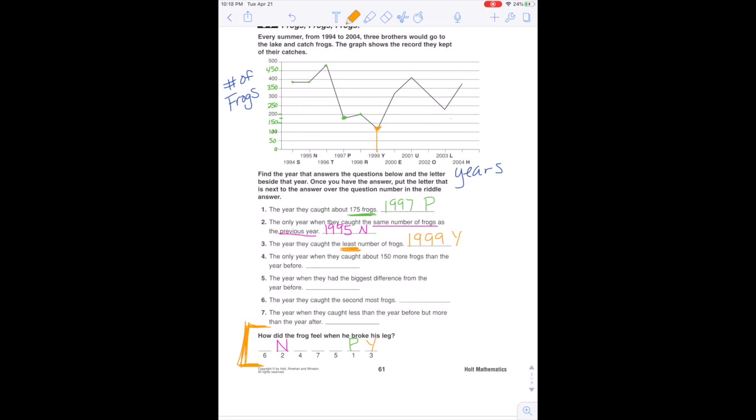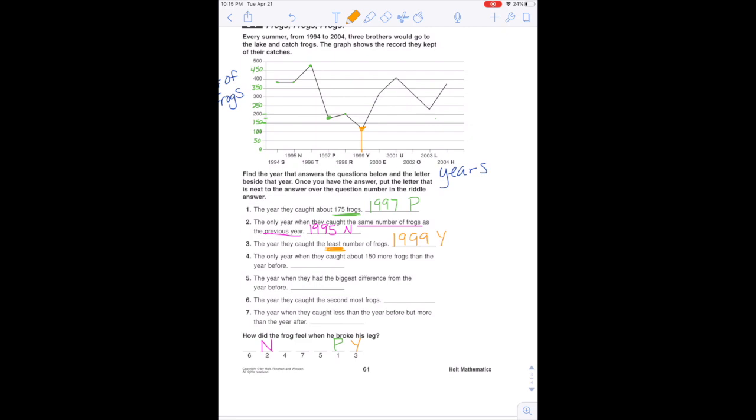When you get all your letters figured out, you'll know that it's right if it makes sense. If it doesn't make sense, you might want to go back and check what letter sounds funky in there, okay? So this will help you be able to try it on your own, and then submit to me when you're done. If you are stuck, make sure that you check in with me and I can help you out.